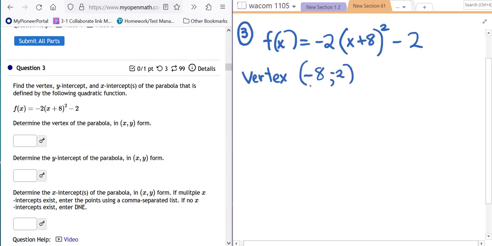That's the vertex. To get your, it's asking us for the y-intercept. The y-intercept is kind of big on here. I'm going to hang on to that and put this into a calculator, right? So I know the vertex, and I know it's going to open down.